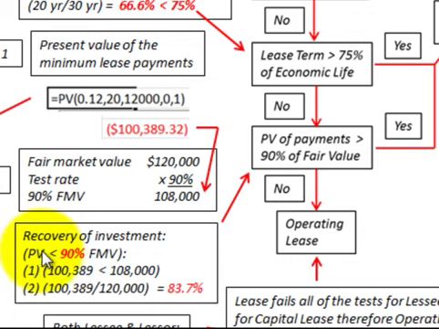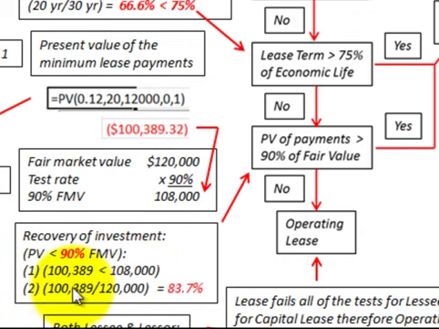We're going to determine that this present value is less than the 90% of the fair market value, and that means it's going to fail the test, because the present value of the minimum lease payments has to be greater than or equal to 90% of the fair market value of the leased asset. We could look at it in these terms, where the $100,389 present value of minimum lease payments is less than the $108,000, the 90% of the fair market value.